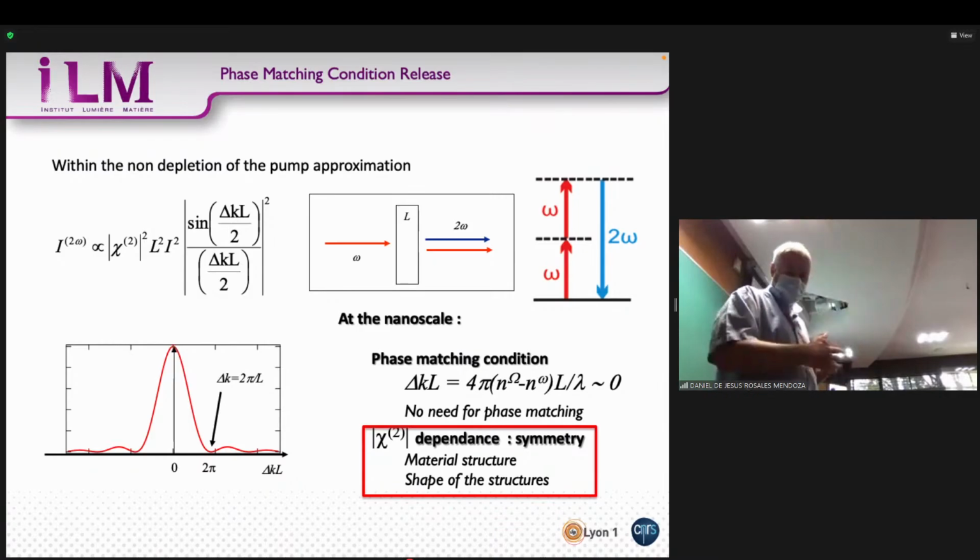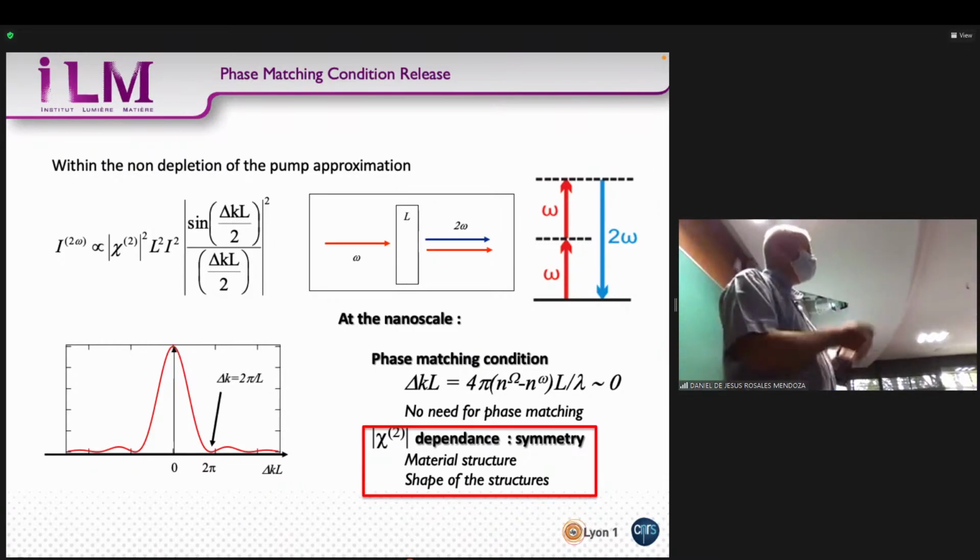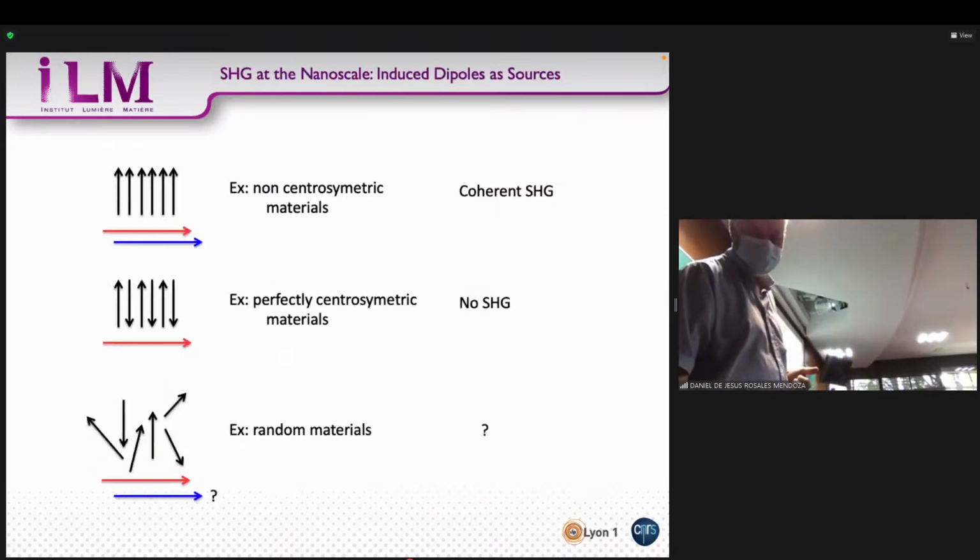I mean, we do not want to destroy our material. Therefore, L is fixed, and therefore small, but more or less fixed. So the only knob we have at our disposal is Chi2. So what we're going to do is have a deeper insight into Chi2 at the nanoscale. And Chi2 will be, of course, the highest efficiency, but we will see that this translates into symmetry and organization at the nanoscale, and that's really what I want to show you today.